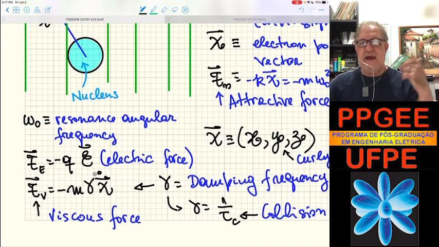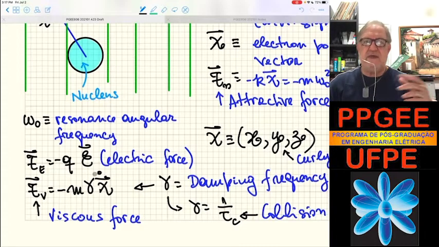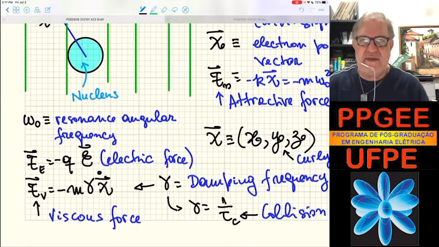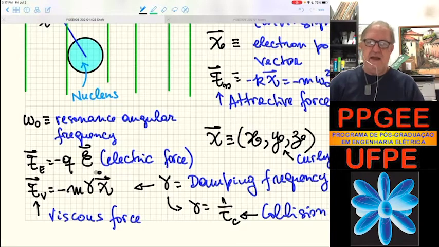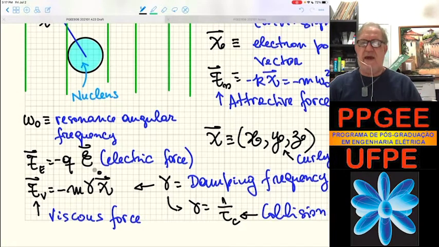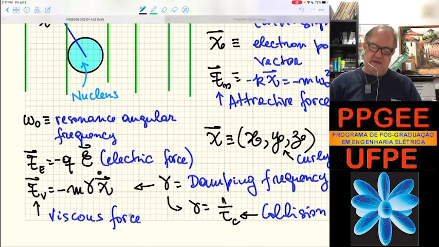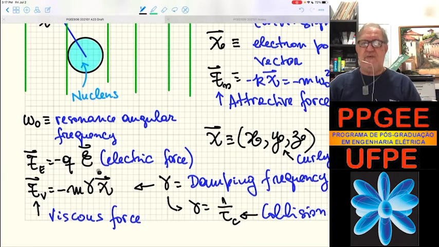As the electron tries to oscillate on the application of an oscillating field, for instance, it's going to interact with the surroundings, right? So every time we have some interaction, we have some energy loss, we can always model that with a viscous force, which is proportional to the velocity. We did that in our Drude model.